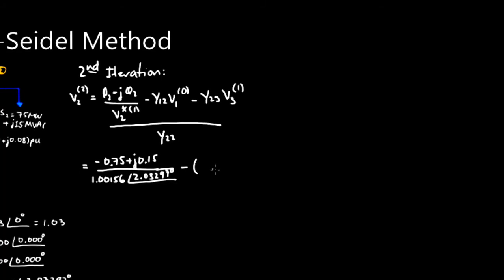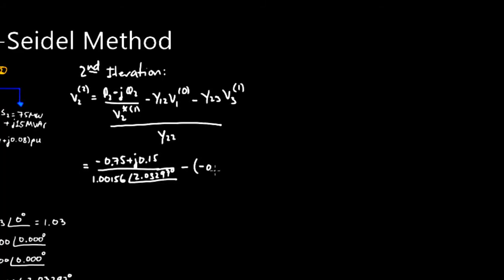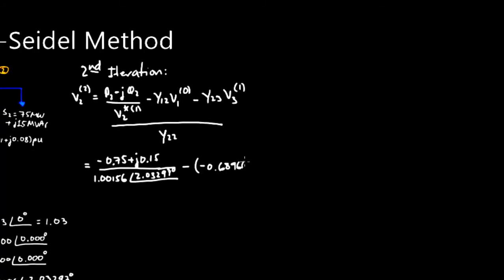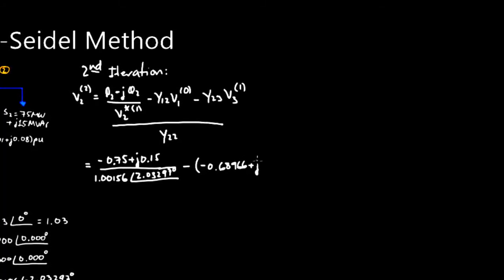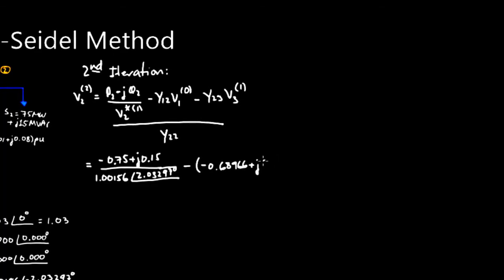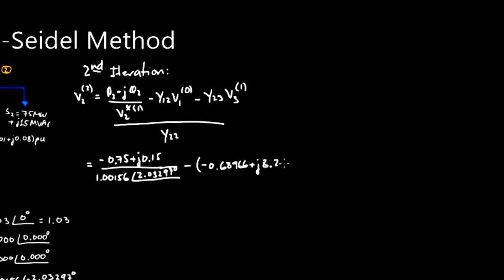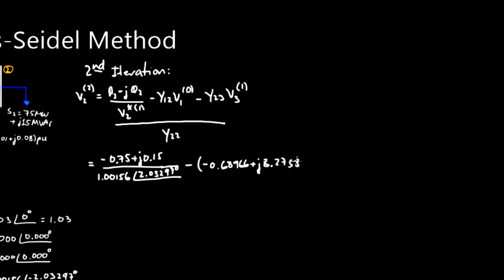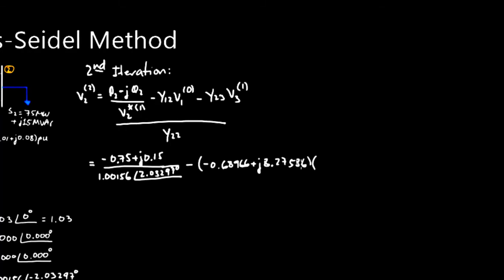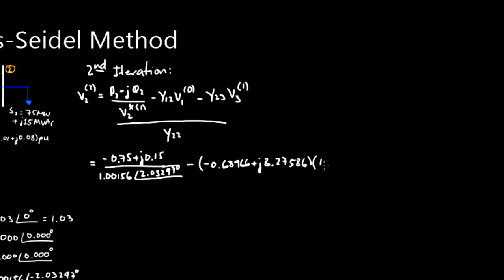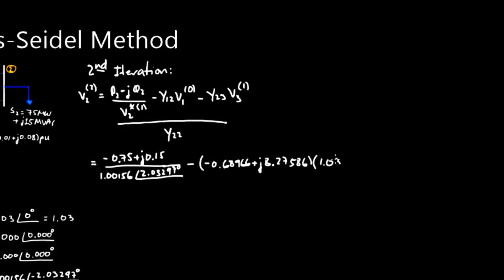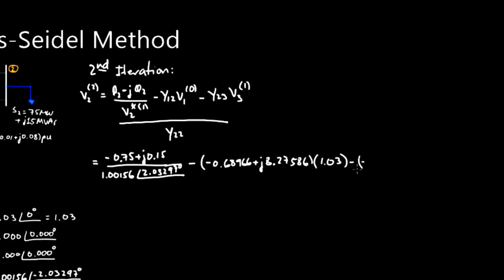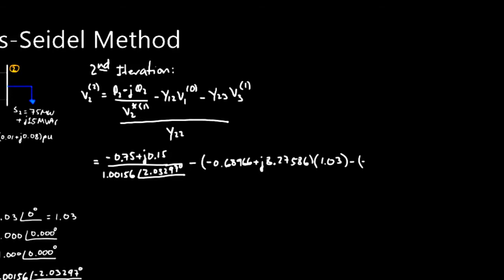Y12. So minus 0.68966 plus J8.27586 times the voltage at bus 1, which is just 1.03, again that being the slack bus, that's going to remain constant, and then minus Y23, which is over here.